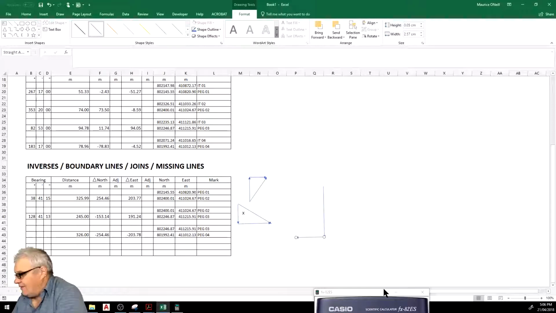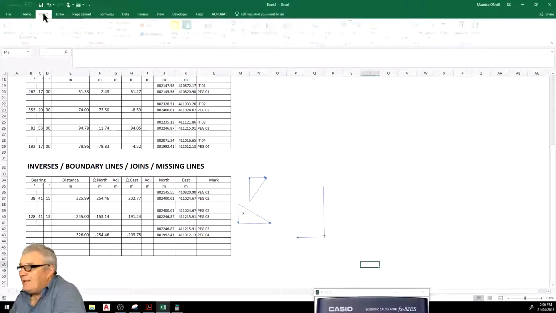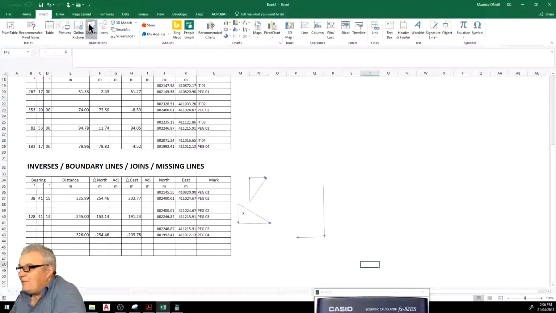All right, so there's our angle, our line, or our resultant vector, our missing line, our boundary. It's going to go from there to there.